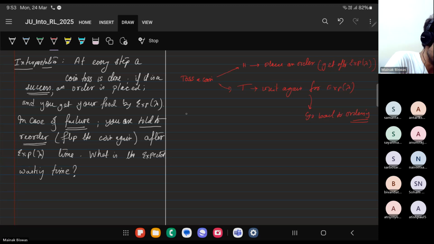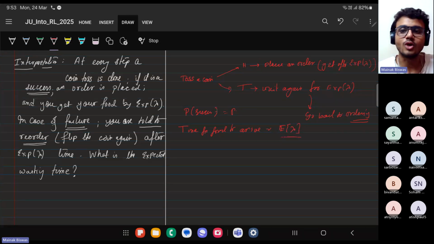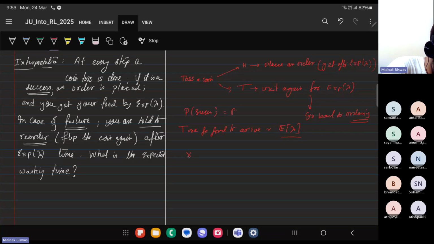Okay, this is given that the probability of success is p, and the time for food to arrive is distributed as exponential lambda. So now I have two problems over here. The first thing is, I toss the coin, say x1. If I get a success, I will get food in terms of x1 itself.